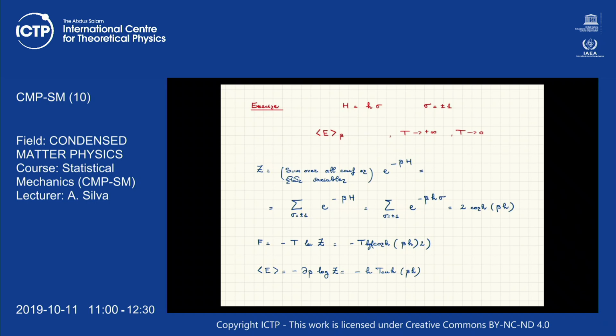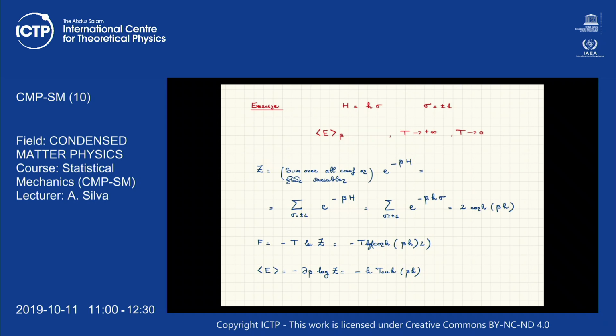And it works indeed, because if h is positive and I send the temperature to 0, which means beta to infinity, tangent hyperbolic of infinity is 1, and therefore I get an energy -h. And if the temperature goes to infinity, beta goes to 0, and tangent hyperbolic of 0 is 0, so everything is fine.